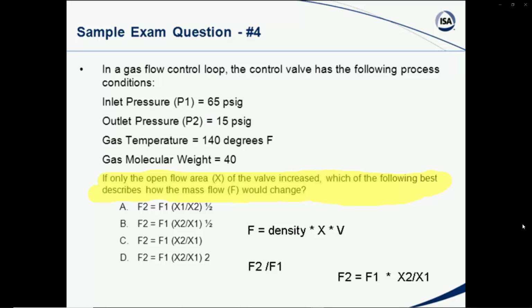And if you look, you will see very quickly that that answer is given by answer C. Answer C would be the correct answer.